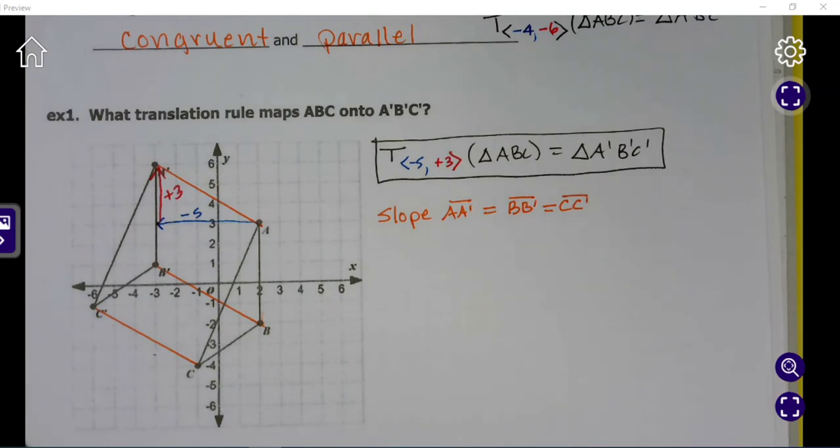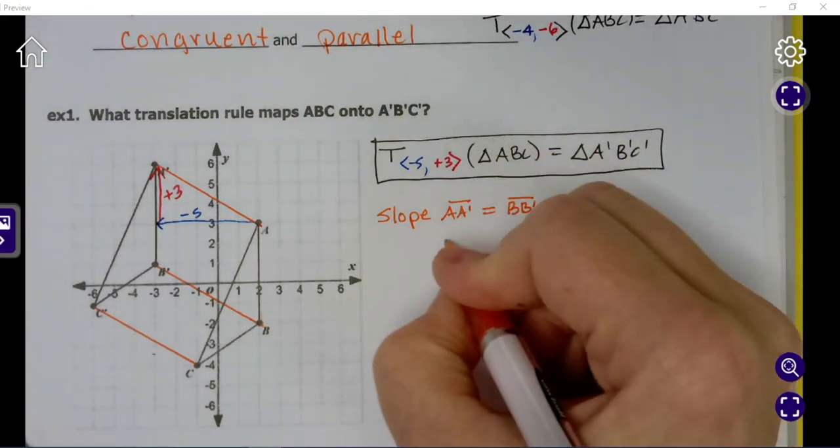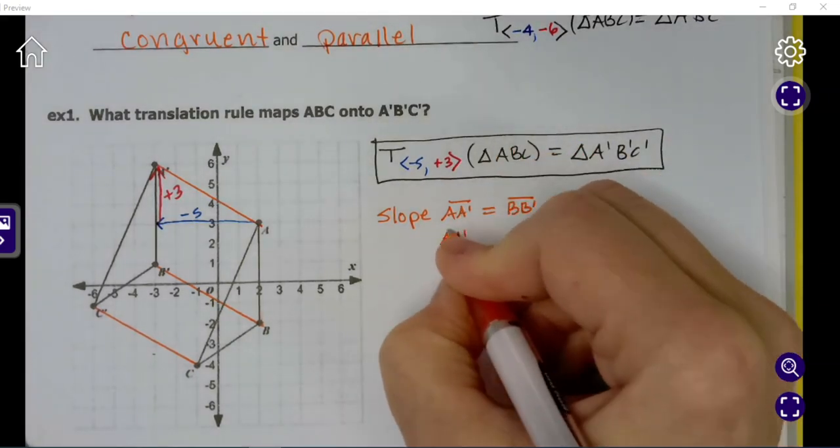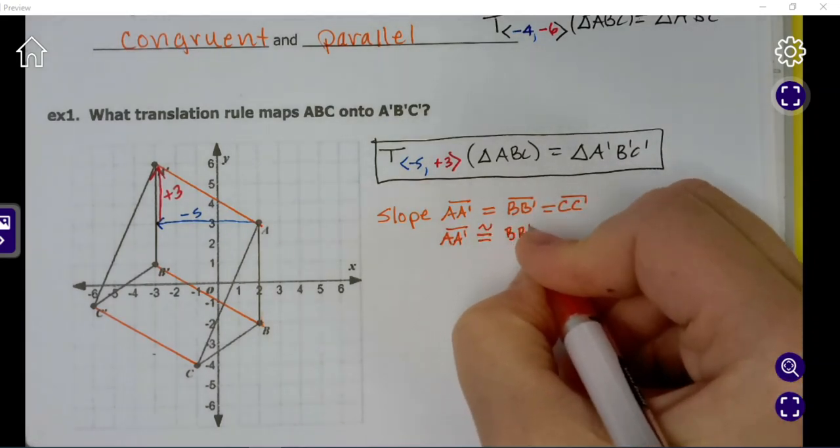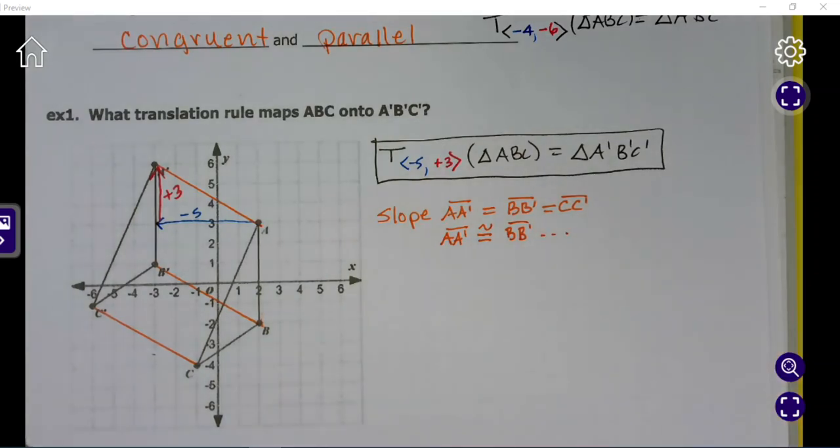Additionally, though, all three of those translation lines are actually the same length. So we can do a congruency statement. Segment A to A prime is congruent to B to B prime. Just put a dot, dot, dot. All three of them are the same size and the same length.